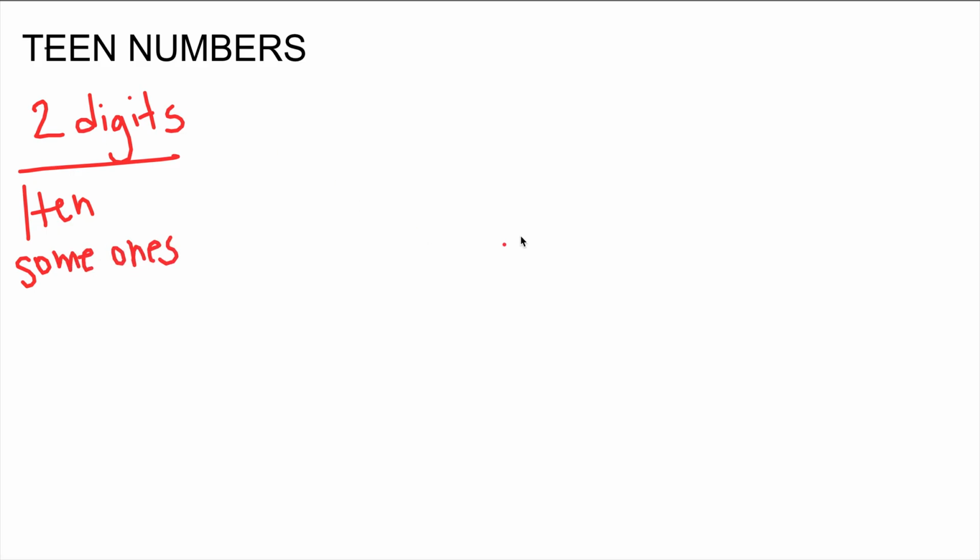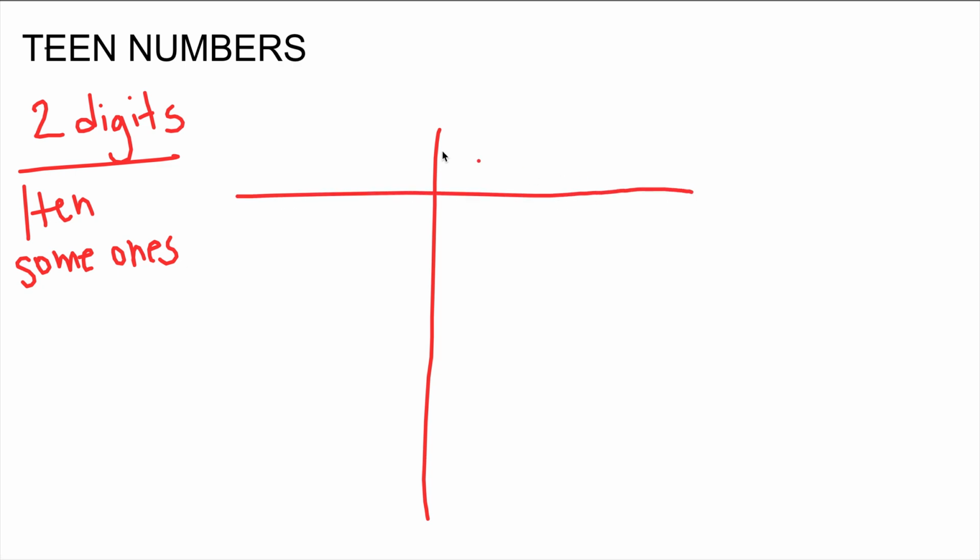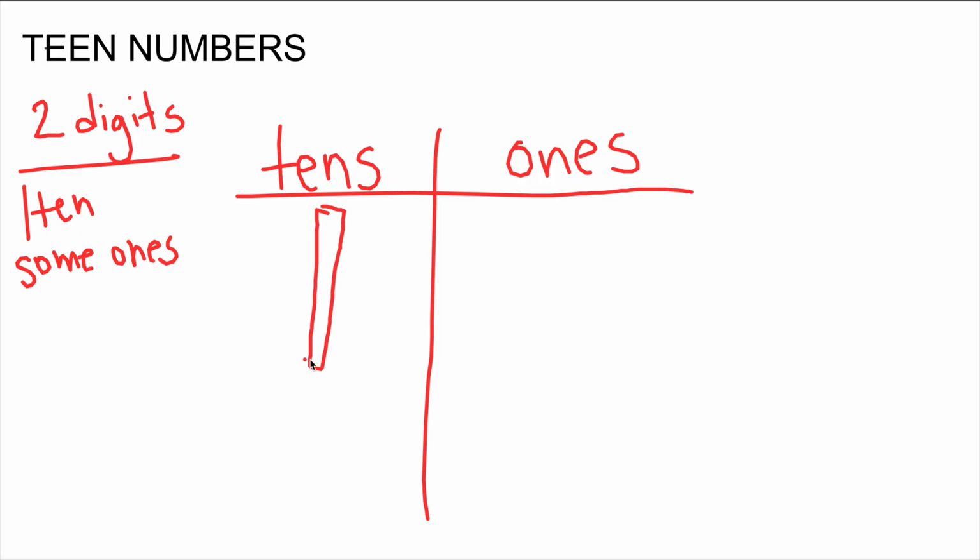And when we talk about digits, we talk about something called place value. Your place value has tens and ones. 2 digits means 2 place values. We have a group of tens and we have a group of ones. Now, when we talk about teen numbers and we talk about tens, we're talking about groups. You might see something called a rod that looks like this, and your rod is worth a 10.